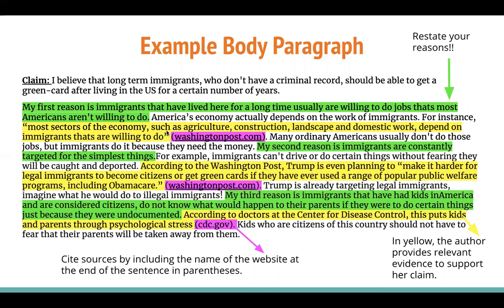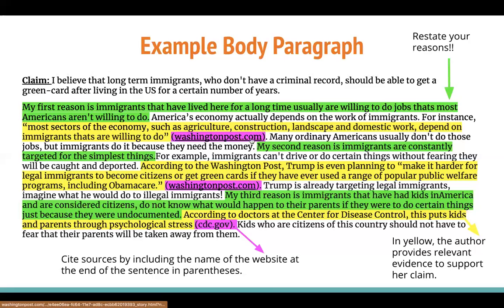Let's just pause there for a second. In these first several sentences, the author has done 3 key things. That sentence in green: first, she has restated her reason. She makes it really clear that it's her reason by literally saying at the beginning of her sentence, my first reason is. After the author restates her reason, in yellow, she provides evidence to support that reason.